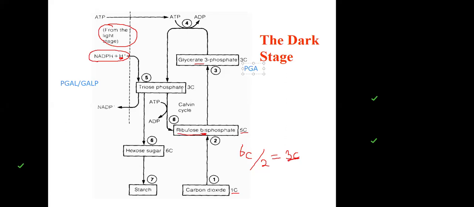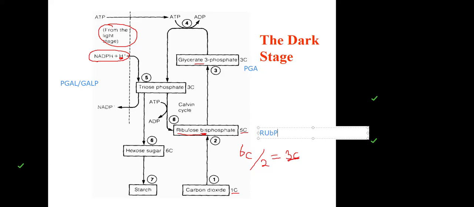Then what happens is that this triose phosphate that has been formed, or PGAL or GALP, is either going to form hexose sugars, or most of it, and underline the words most of it, is going to go back to regenerate ribulose bisphosphate. Ribulose bisphosphate is also called RUBIP. I think I had not talked about that.